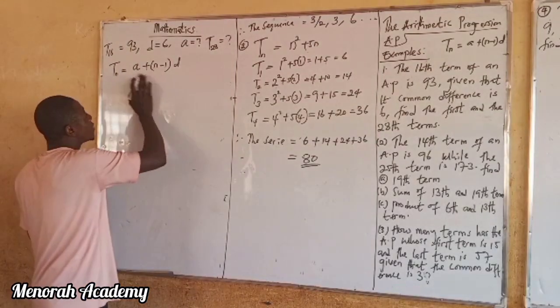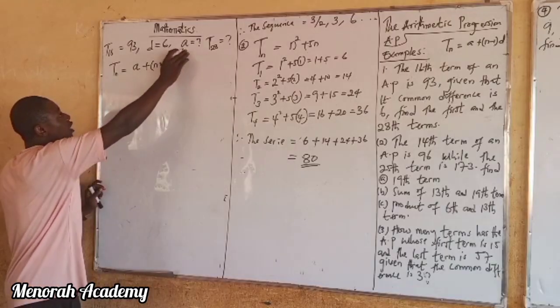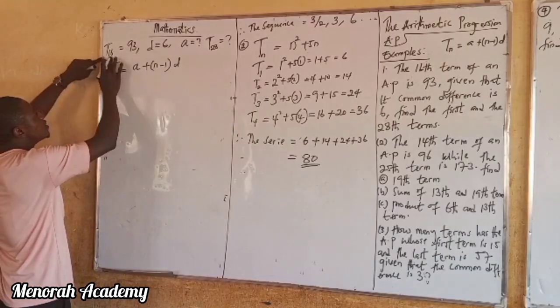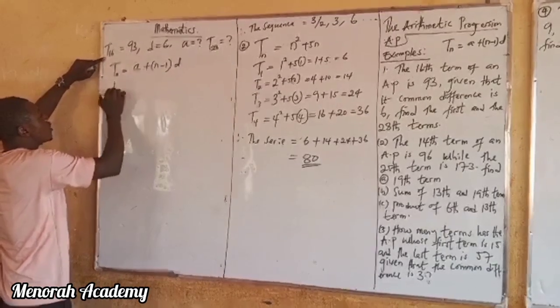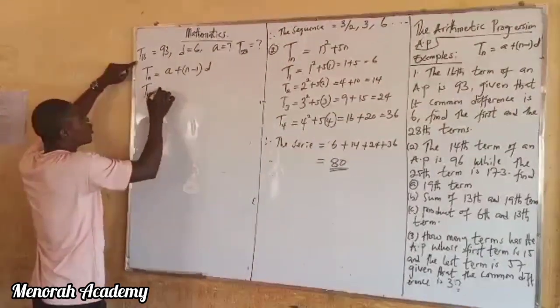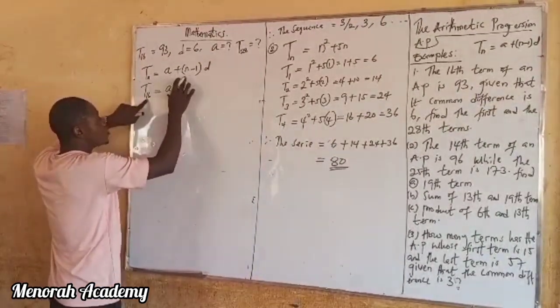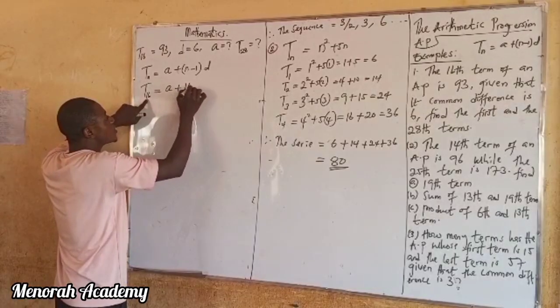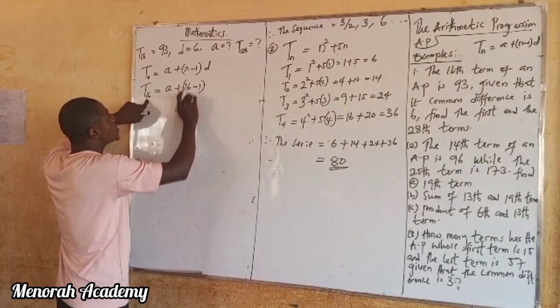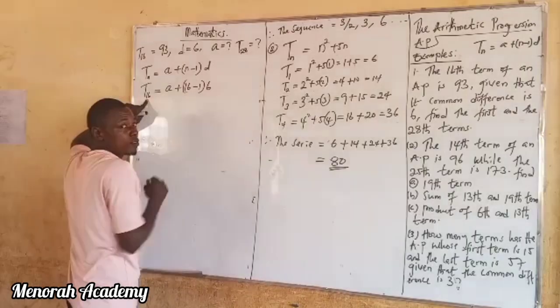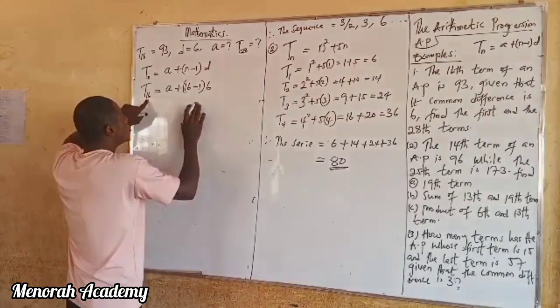Then we are asked to find, before we find our 28th term, to find our a, t of 16 is given. t of 16 is 93. So we say t of 16 will be equal to a plus, now n is representing 16, so it's going to be 16 minus 1. Close your bracket. The d is given to be 6.